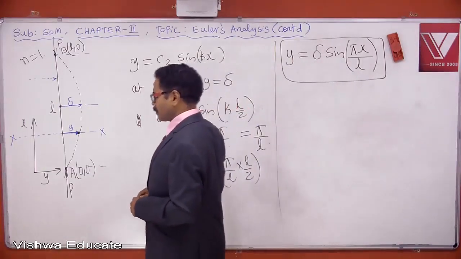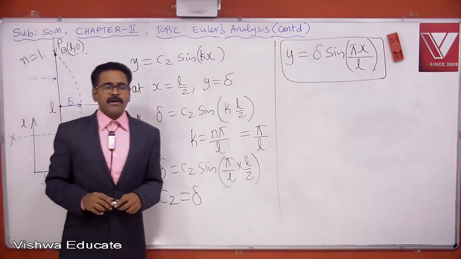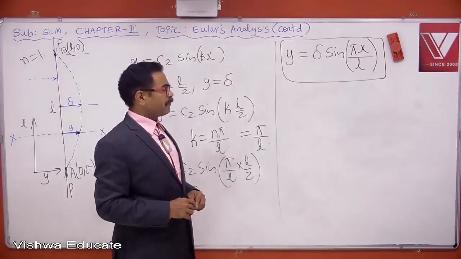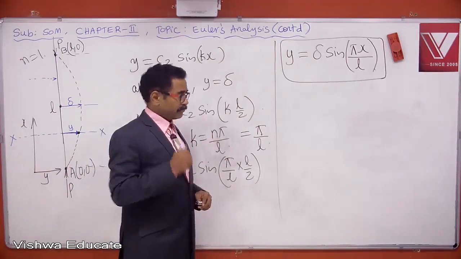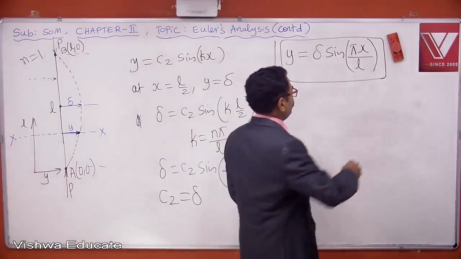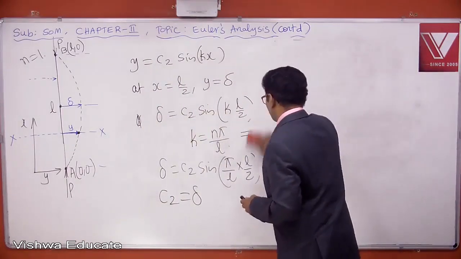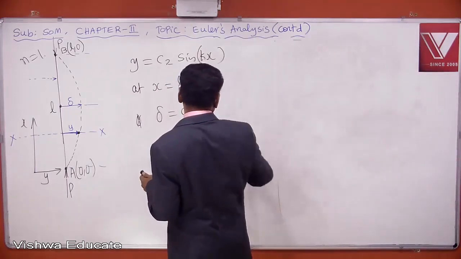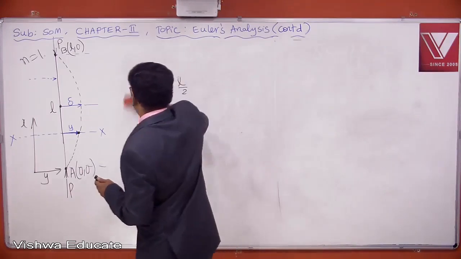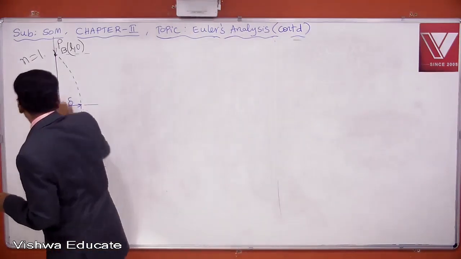S-I-N-E, sine wave. We are going to do some problems on this formula also, but not now. First let me finish the concept, then we do some numericals on columns.